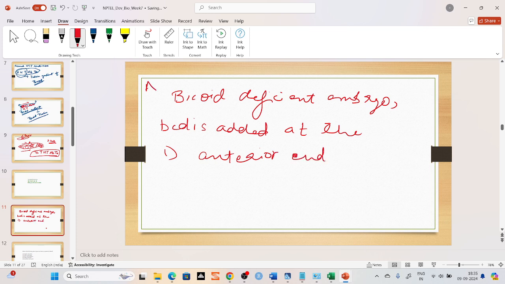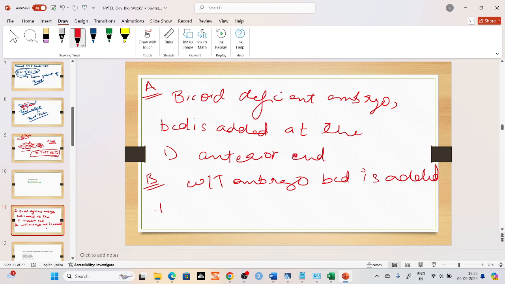And this is the first question. Second question is what will happen when in a wild type embryo bicoid is added to the posterior end.